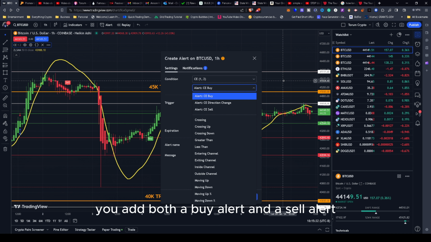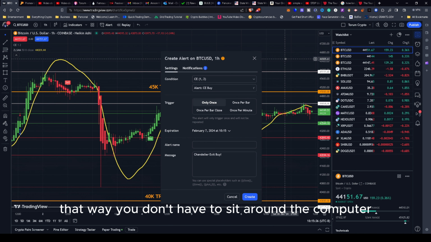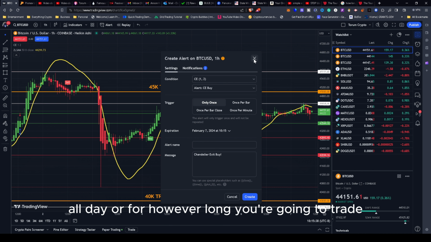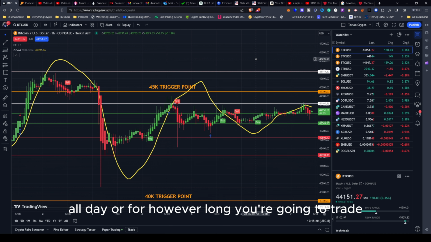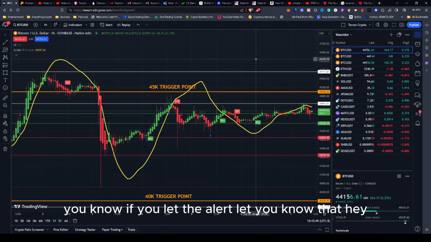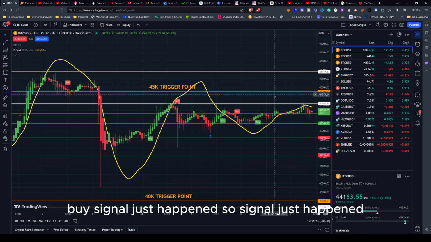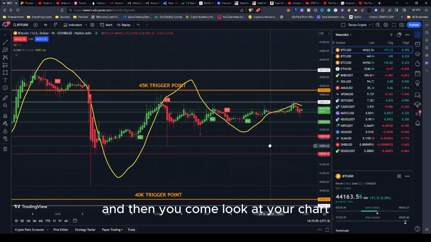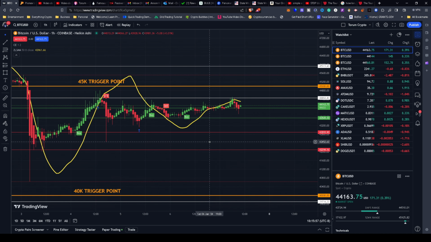You add both the buy alert and a sell alert. That way you don't have to sit around the computer all day, or for however many hours you plan on trading. You let the alert let you know that, hey, buy signal just happened, sell signal just happened, and then you come look at your chart and you decide whether you want to take that trade or not.